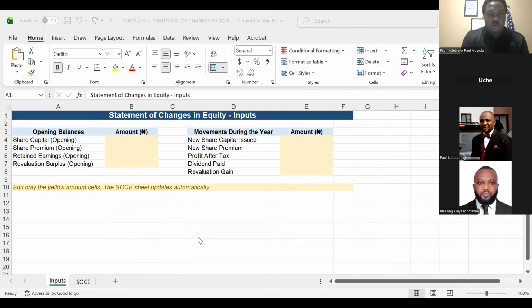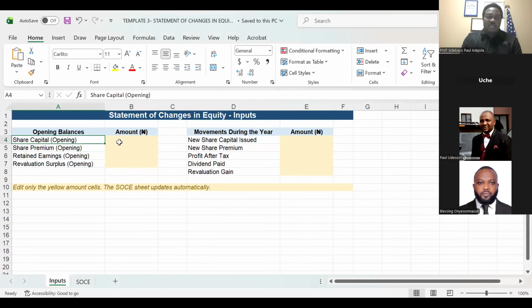This one will form your takeaway practice question. It's very straightforward. See, opening capital, you fill the figure, the way we have done for others. Share premium opening, and take note of what is the opening. The closing balance in 2024 automatically becomes the opening balance in 2025. So those are the figures you key in here.